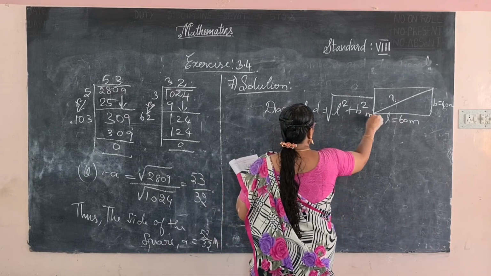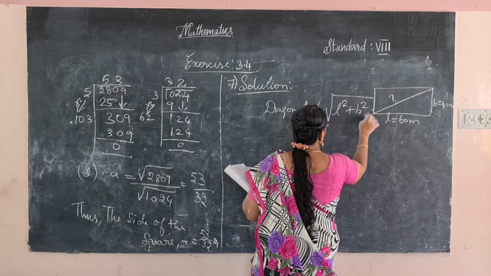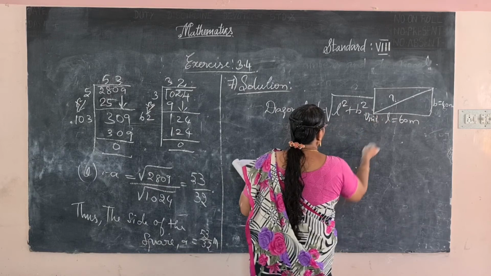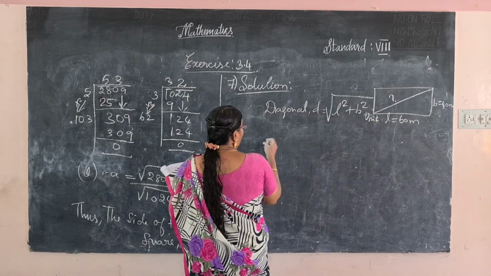The diagram is measured in the unit of measurement. Here the unit given is meter. Okay, right. Now substitute the values.